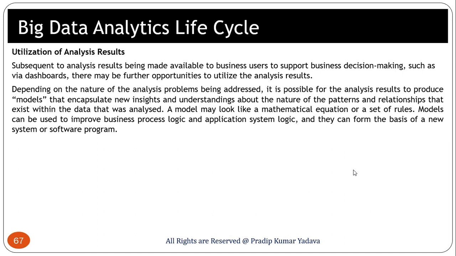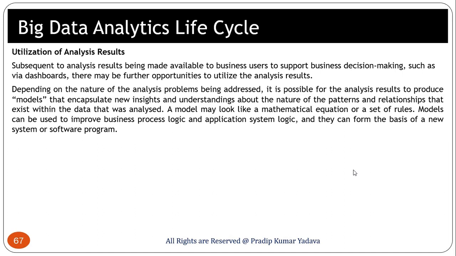Now this is the final stage, called utilization of analysis result. Whatever analysis we have done till now, we have to use in our future plan, and also we have to take a decision on that particular result. Subsequent to analysis, the result is made available to business users to support business decision making, such as by a dashboard. There may be further opportunities to utilize the analysis result.